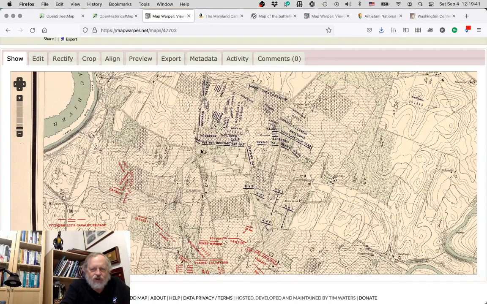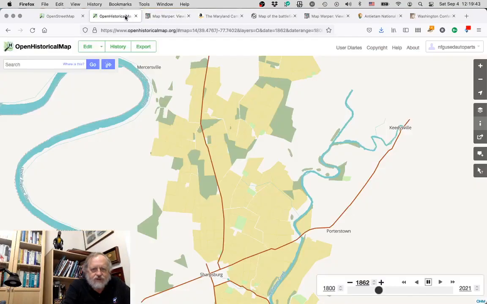I mean, it took a little while to map because there was so much of it, but that work is complete. Likewise, the roads are off of the Cope map. They are not copied over from modern OSM, although they were referenced against modern OSM when using MapWarper to rectify the map.